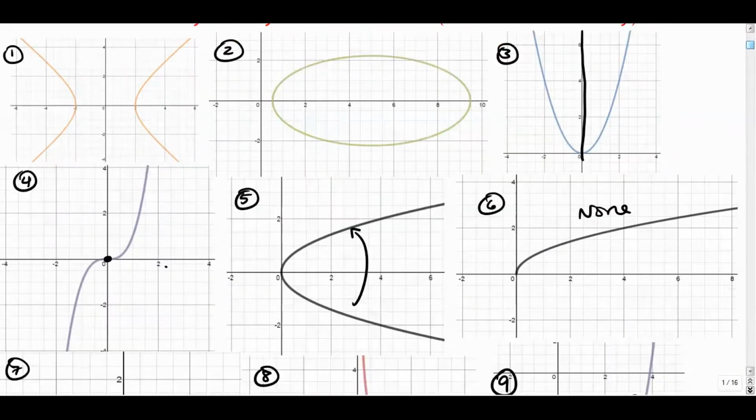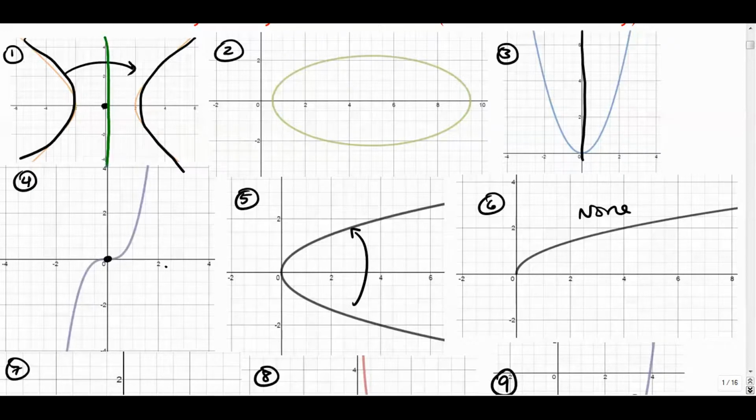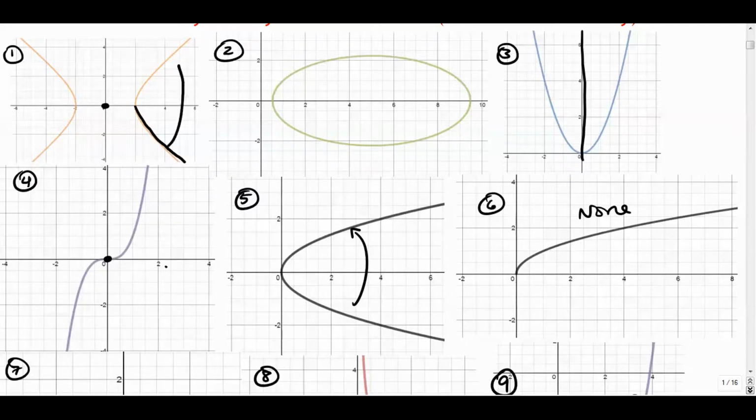Number 1 is a hyperbola, and that has symmetry across the y-axis. In other words, if you were to fold it over this imaginary line, you'd get this whole thing. So it has y-axis symmetry. If you were to take this whole bottom section and fold it up across the x-axis, you would see that it folds perfectly on itself, so it has x-axis symmetry as well.